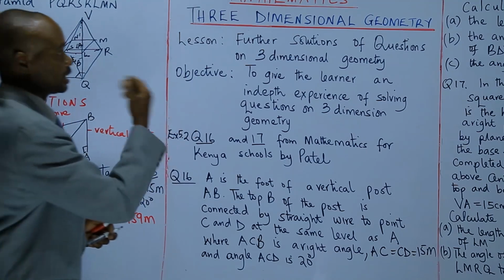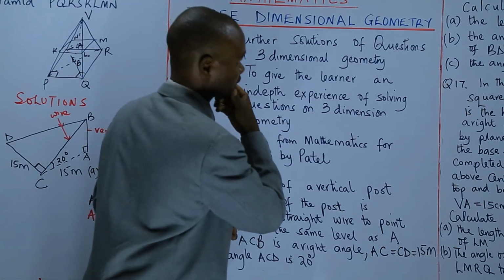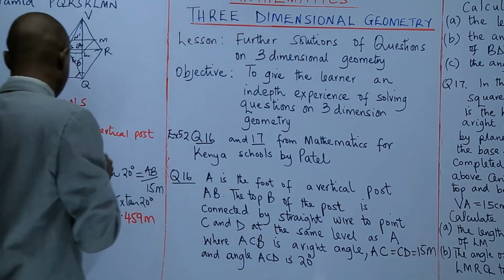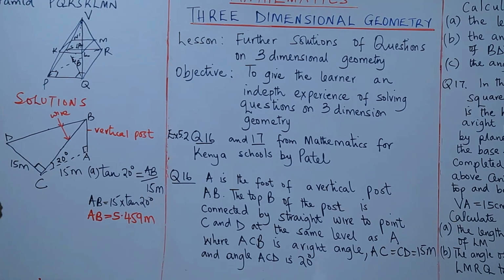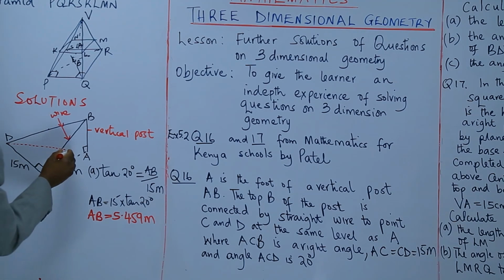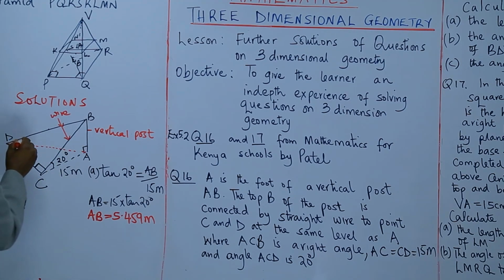What is next? The angle of inclination of BD to the horizontal. If you want to get that, they are asking for angle theta. You'll be forced to get DA.